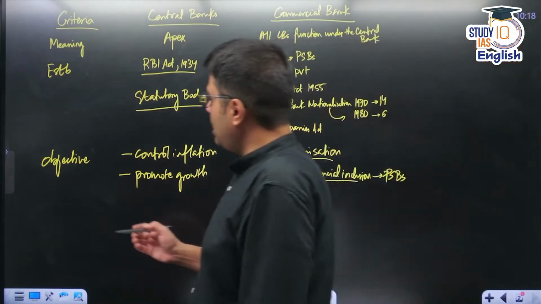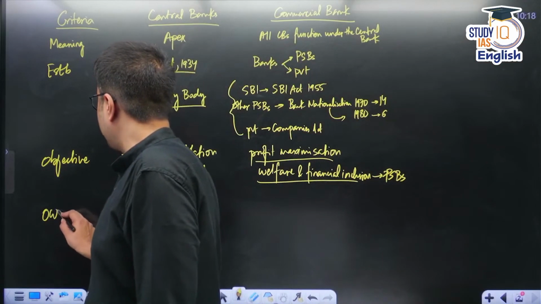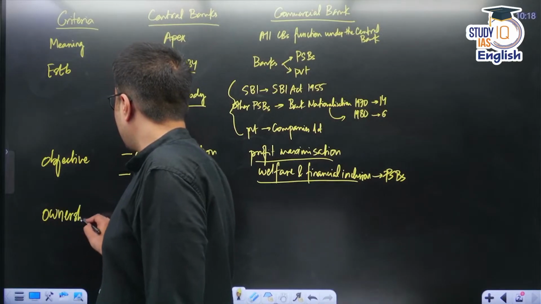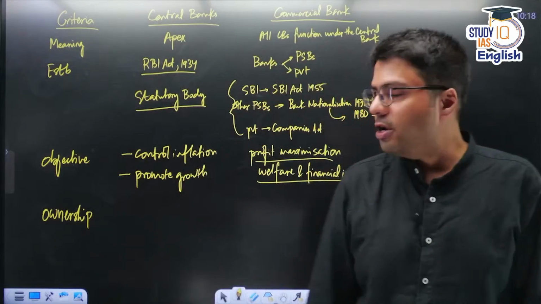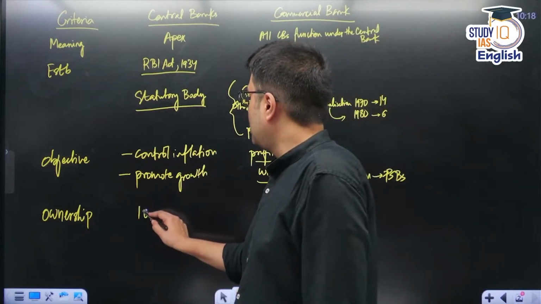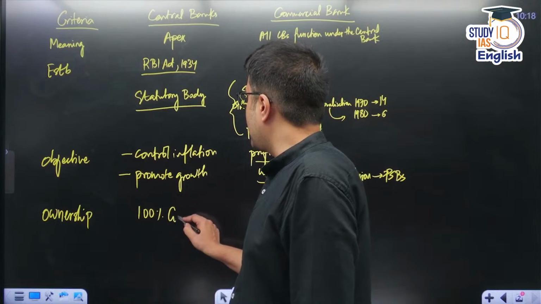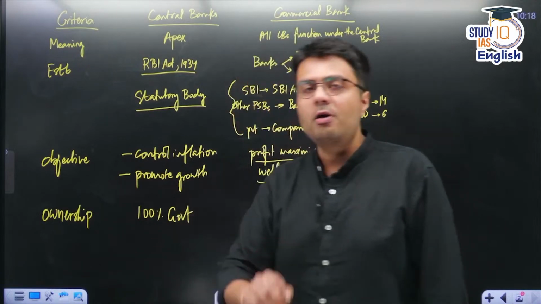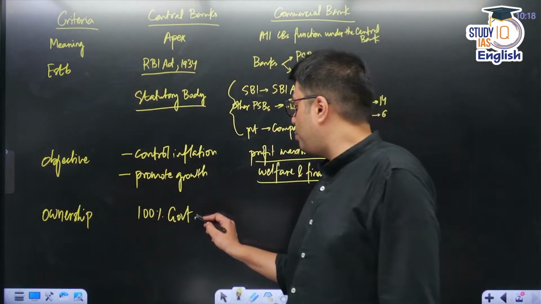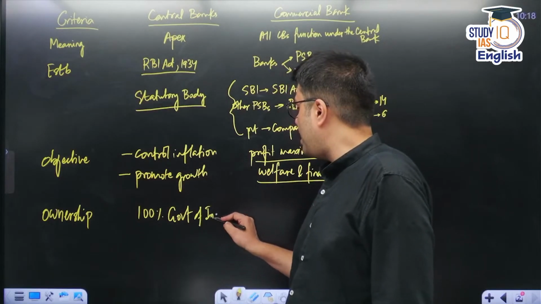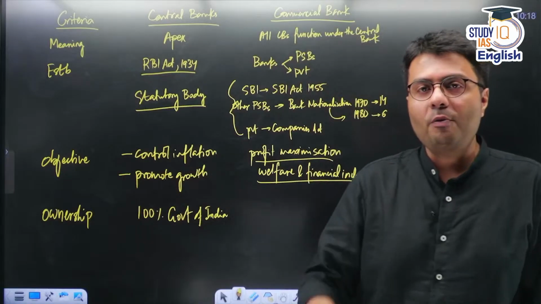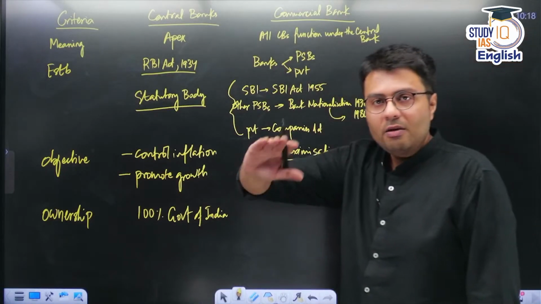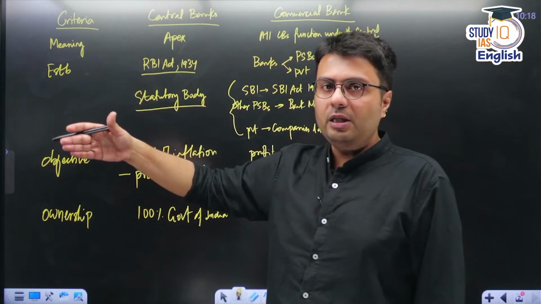Now let us consider another criterion, that is ownership, right? So what is the difference in ownership? RBI continues to be owned by the government. So the ownership of RBI, 100%, rests with which government? Government of India. And we'll find out that as the government is the 100% owner of RBI, whatever profit RBI makes, a portion of that profit is transferred to the government.